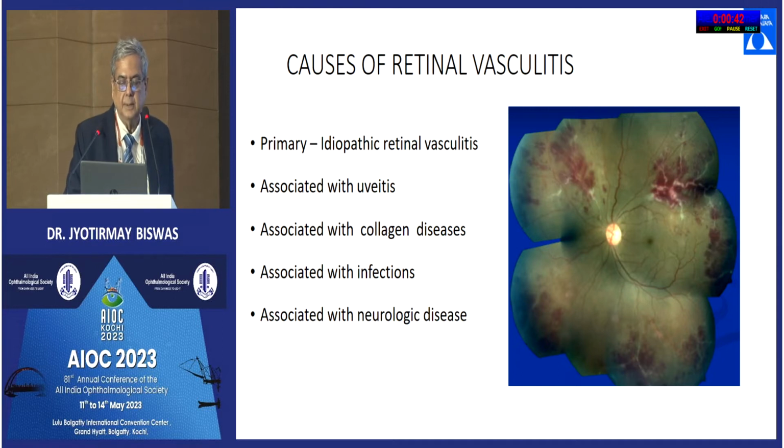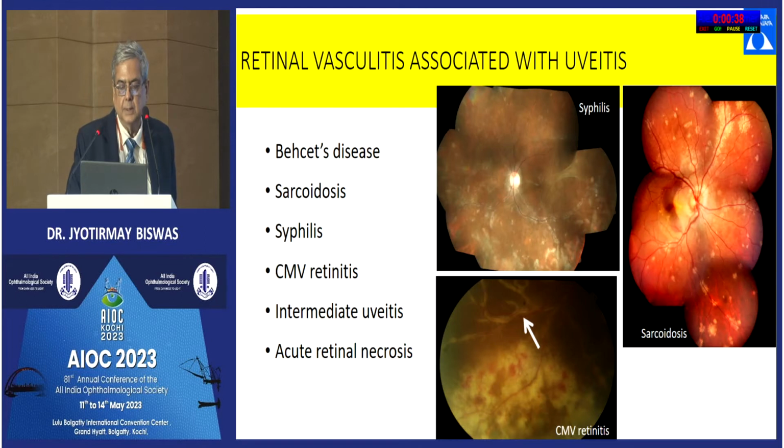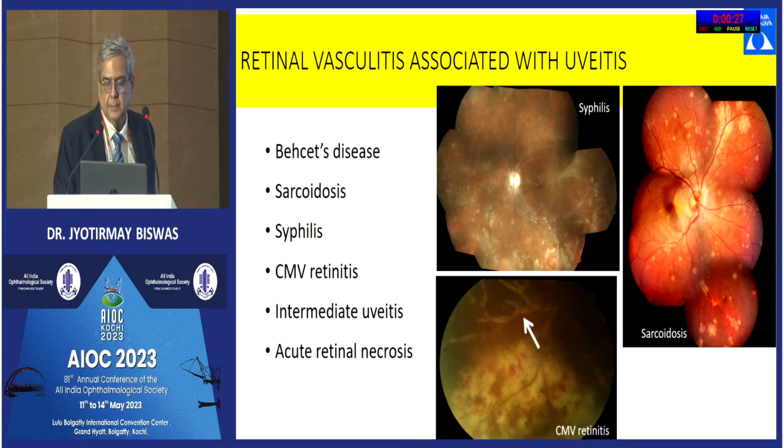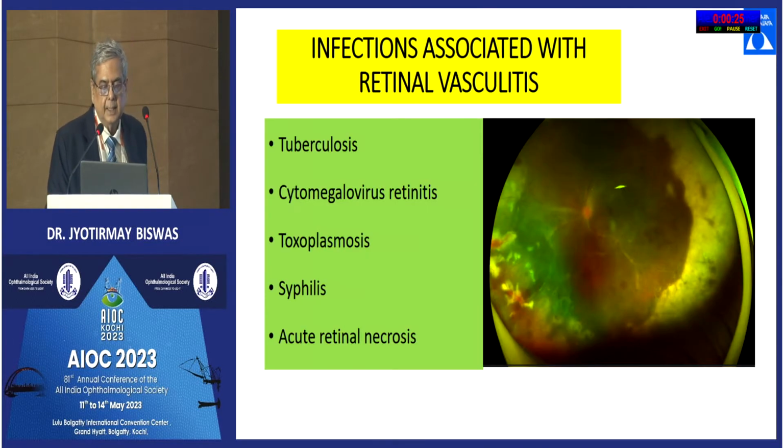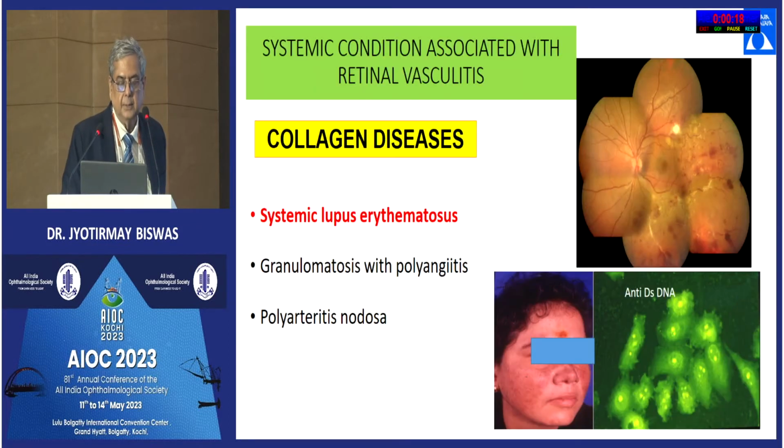It can be associated with uveitis, collagen disease, infection, and neurologic disease. Top on the list is syphilis, next is cytomegalovirus retinitis, and you can see sarcoidosis, with candle wax dripping and skip lesions of retinal vasculitis. Tuberculosis, toxoplasmosis, and acute retinal necrosis can also have retinal vasculitis.